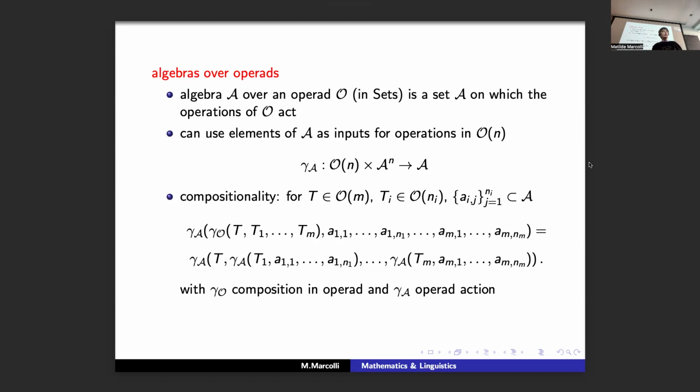So it means that you can use this set as inputs for one of these operations in the operad. So if I pick something in the operad, this is an operation with n inputs and one output, I can plug in n elements from this set, and it will give me one element from that set as the output. And again, you want the natural composition property for this action that makes it an action.